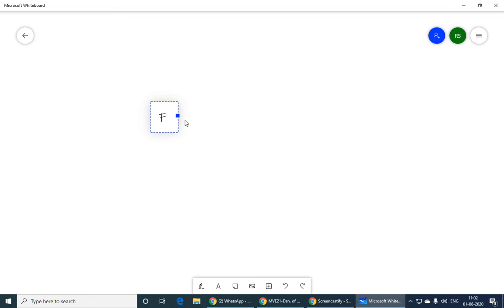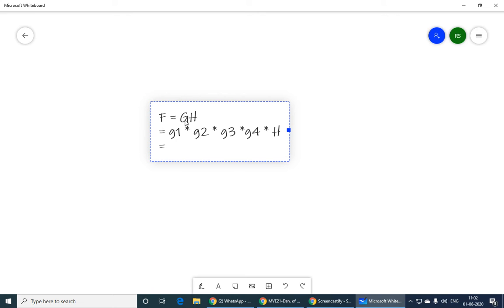Okay, so capital F equal to GH equal to G1 into G2 into G3 into G4 into H equal to G1 is 1 into G2 is 5 by 3 into 4 by 3 into 1, okay, because it's an inverter, into 20 by 10.